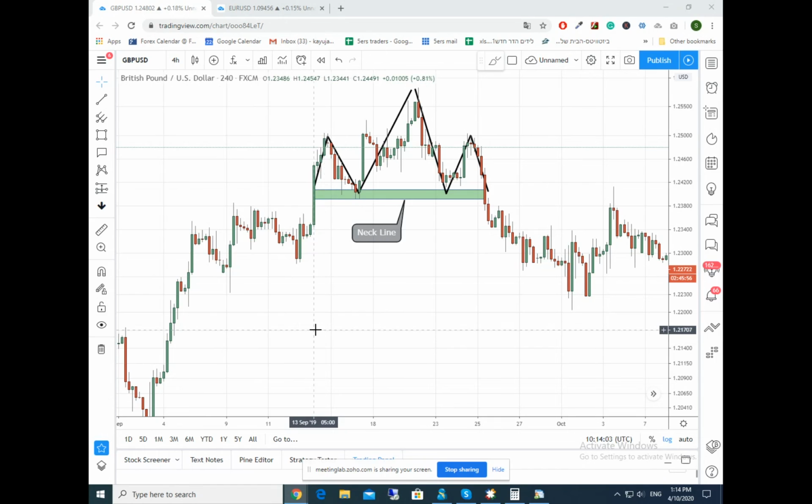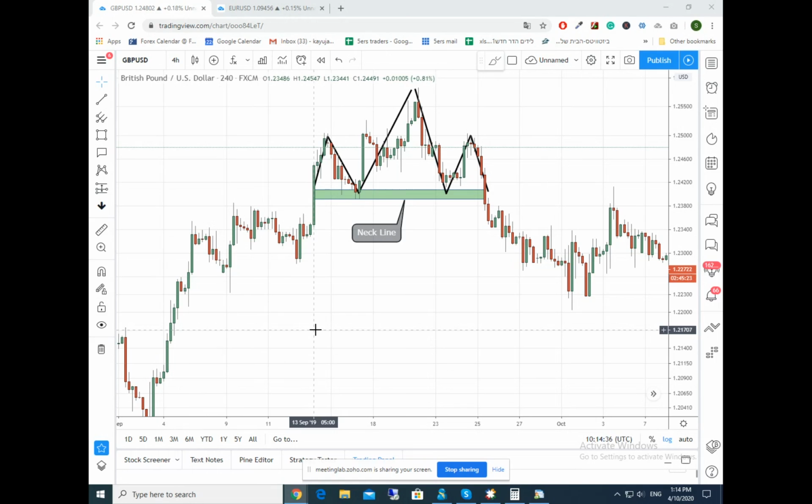Usually we will see this pattern after some kind of significant uptrend or downtrend, and it's a very useful and powerful pattern, once you know how to define it. But I think most traders don't really understand the logic behind this pattern, the logic of the price behind it.